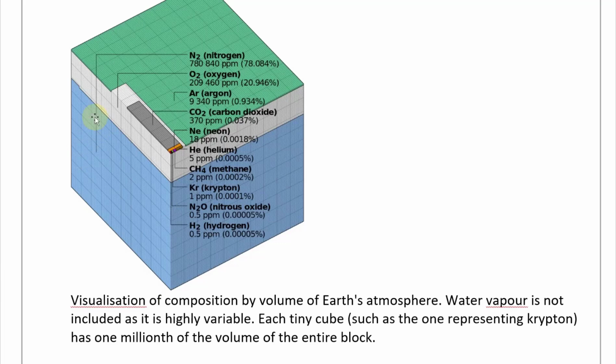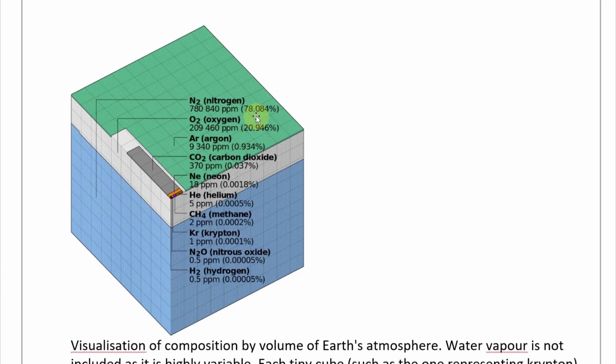Nitrogen, N2, makes up 78% of the atmosphere. Then you have oxygen in the white one, which makes up 20.9%. Then argon in the green layer, which is 0.934%. CO2 is 0.037%, so very, very tiny.